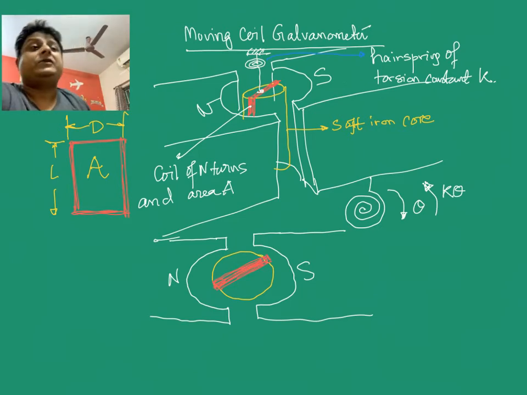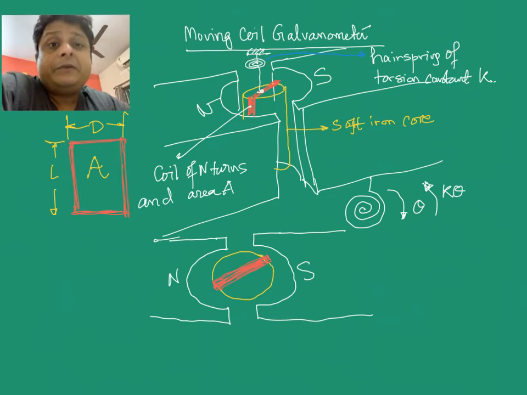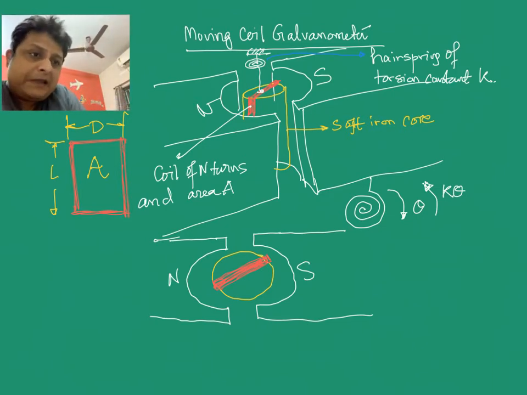This red one is the coil, as you can view from the top. And let me draw the magnetic field lines. The magnetic field lines are like this.